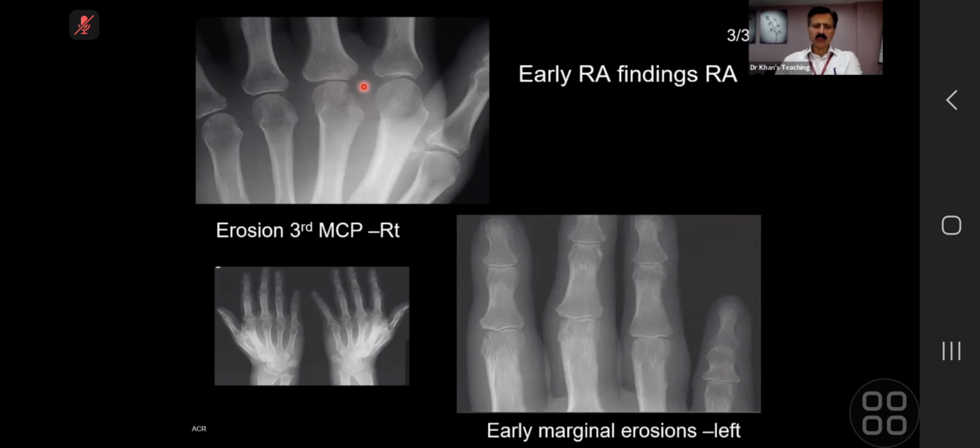And with that, you can see a marginal erosion. So the metacarpophalangeal joint is sort of affected. On the other hand, this is the proximal interphalangeal joint.